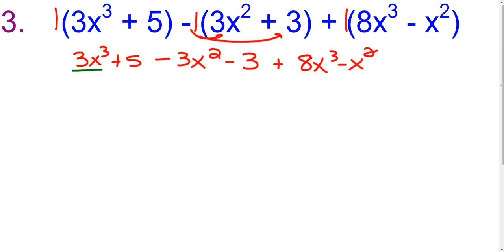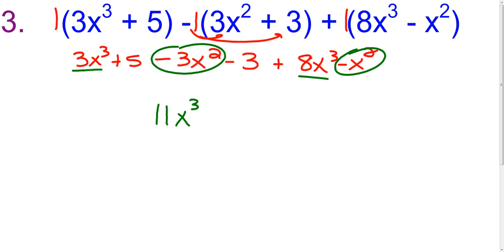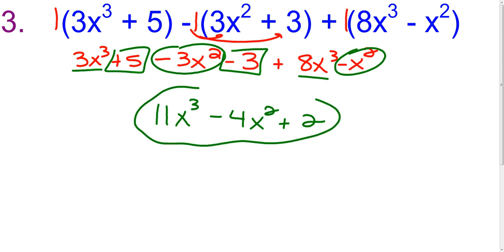So I have a 3x cubed and I have an 8x cubed, which makes 11x cubed. And then I have a negative 3x squared and a negative 1x squared, which gives me negative 4x squared. I don't have any plain x terms, but then I have a positive 5 and I have a negative 3, which gives me 2. Okay, and that is a quick little reminder about adding and subtracting polynomials.